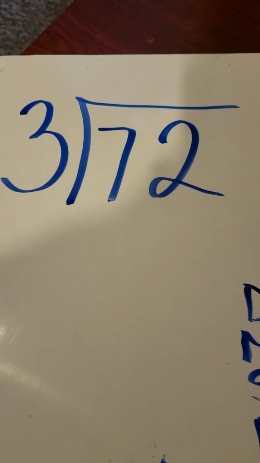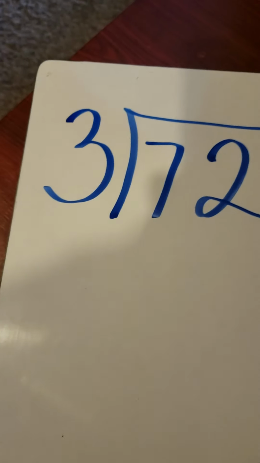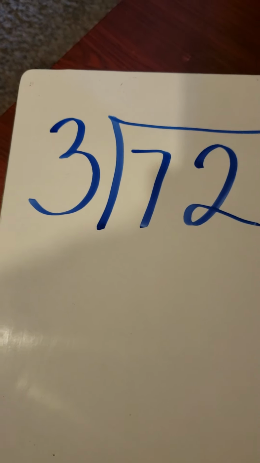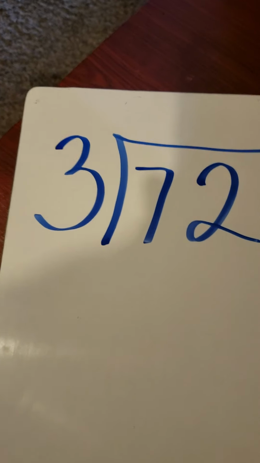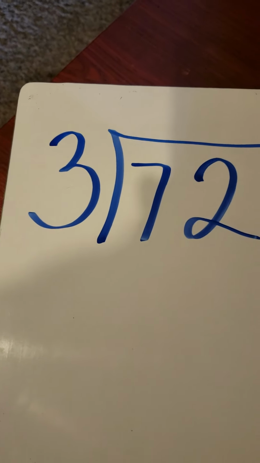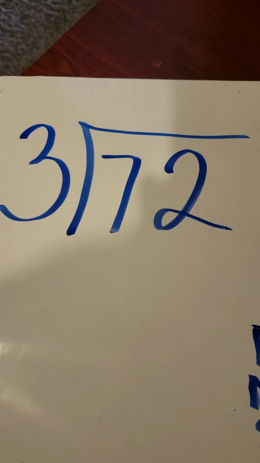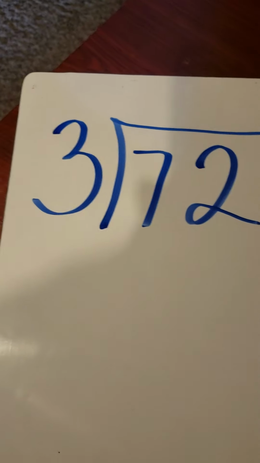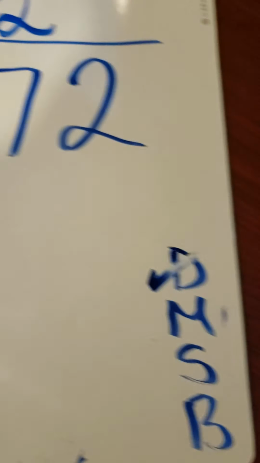How many times can 3 fit into 7? We're on that divide step. 3, 6, 9. Can't do it 3 times. 3, 6. We've got to stop there. We can't go past 7 because it won't fit. So we have to stop just short of 7. So 3 fits into 7 2 times.